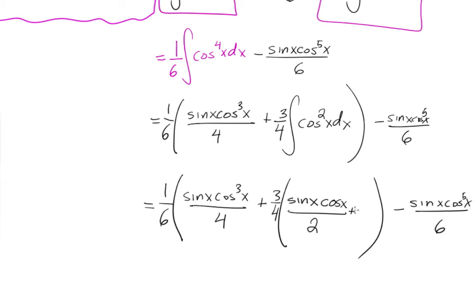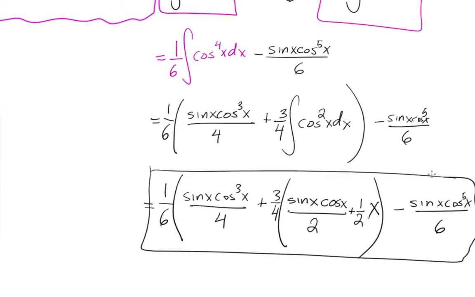So this time n is 2, right? So this would be 1/2 the integral of cosine to the 0, which is 1, and the integral of 1 is x. So 1/2 x. Okay, and that's it. That's all you had to do.